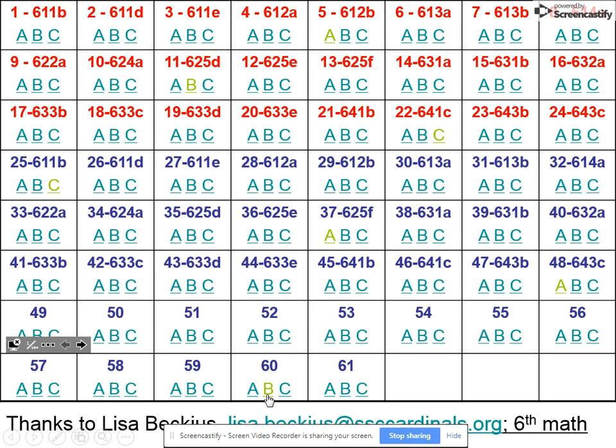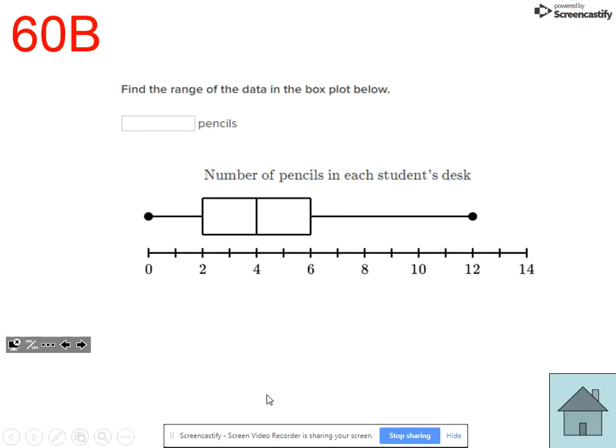Last is 60B. Find the range. The range goes from the smallest to the largest point. The largest is 12, the smallest is 0, so 12 take away 0 is 12. Okay, this was the last one, so please put an X next to the 60B if you got it incorrect.